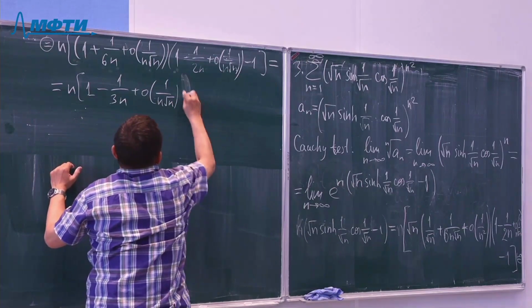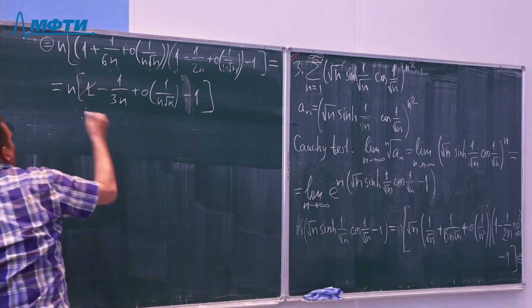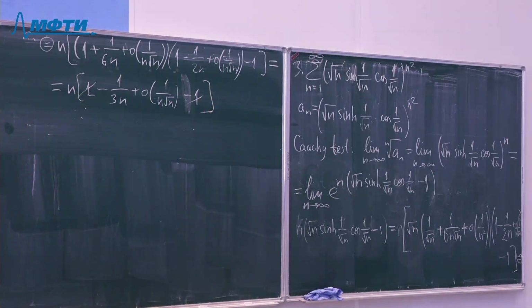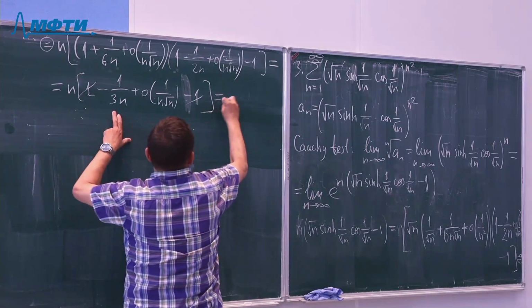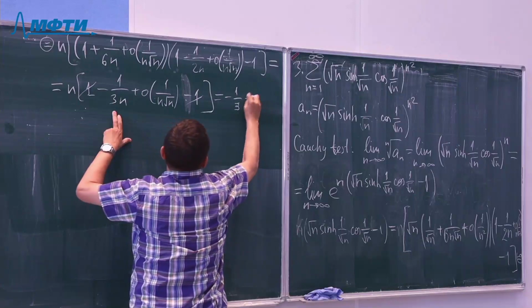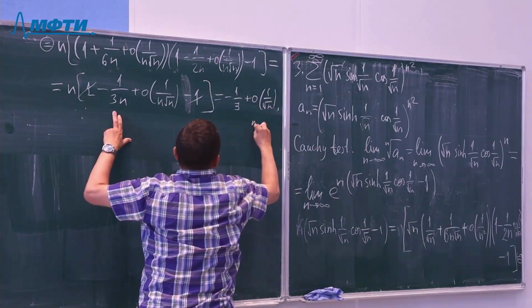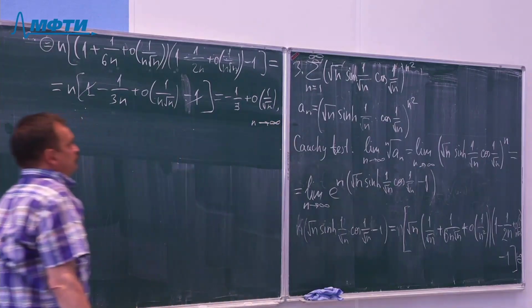Oh, sorry, minus 1, right? That's important now because we cancel those units. And at the last stage, we obtain minus 1/3 plus little o of 1 over square root of n, of course, as n tends to infinity.